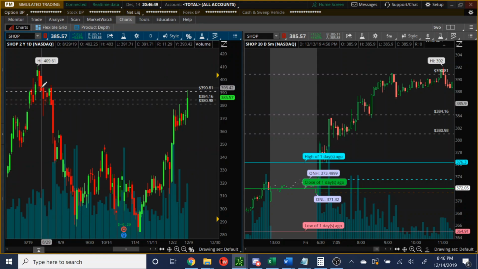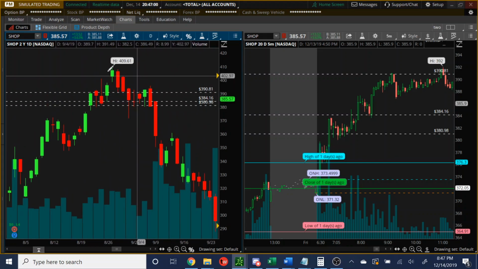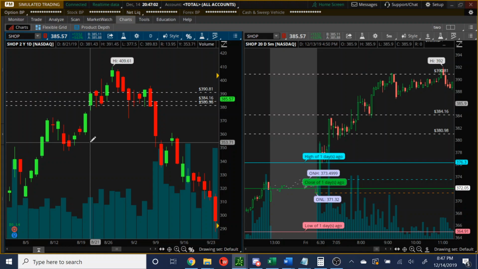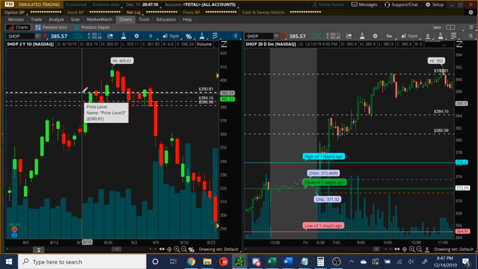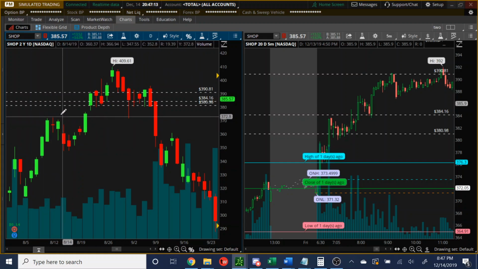The reason I didn't choose that is I actually looked at when shop peaked out here. Right? I looked at when shop peaked out, and I thought, okay, where's an important level in this area? I always look at whenever a stock first runs up to an area, where did it first have trouble? So one for shop is here. We can clearly see that.